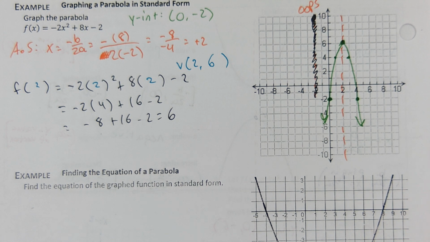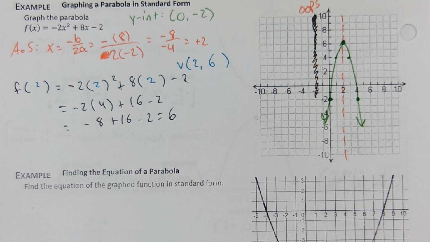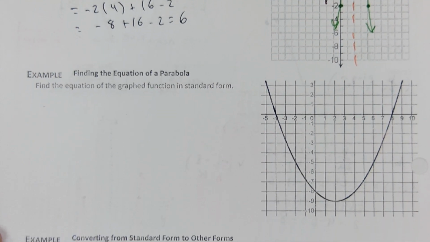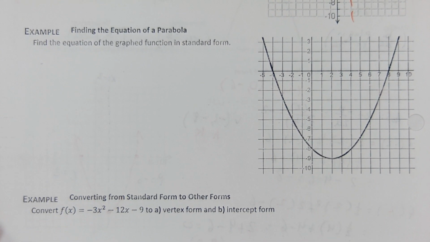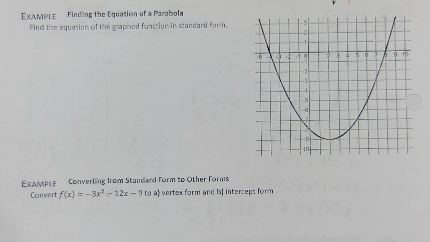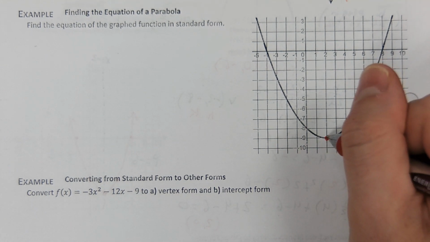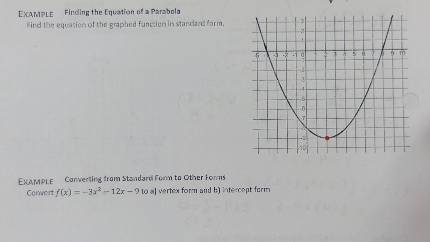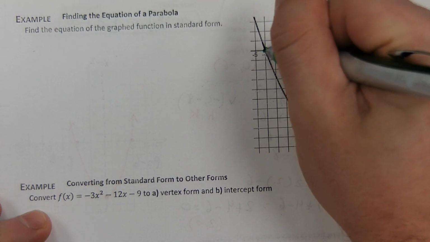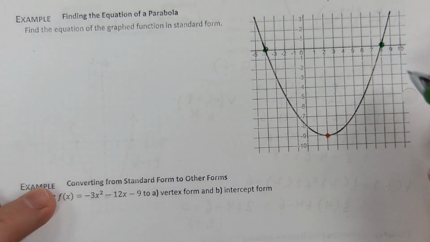Well, the next example says to get the equation in standard form. There's actually more than one way to do this. We could either use vertex form and get to standard form, since we know the vertex, or we could use intercept form, since we know the intercepts.